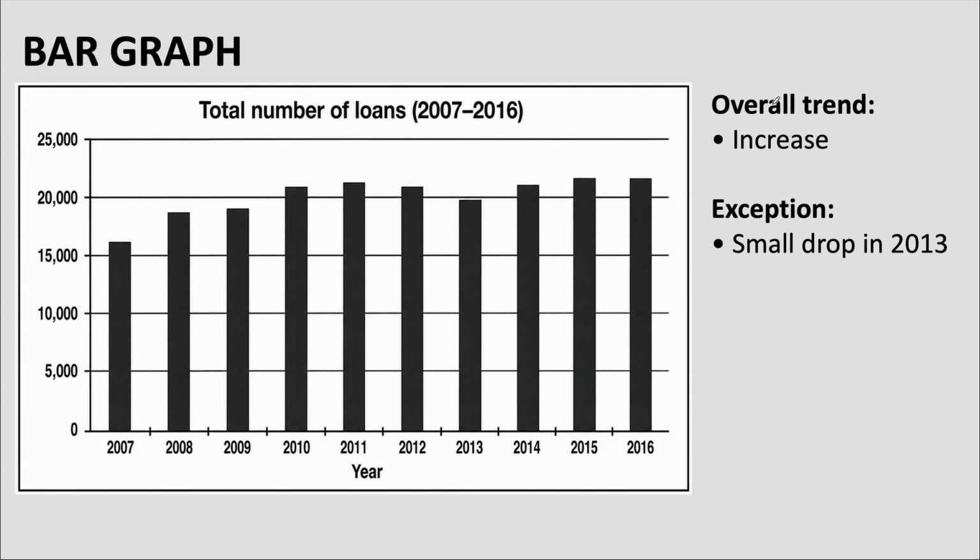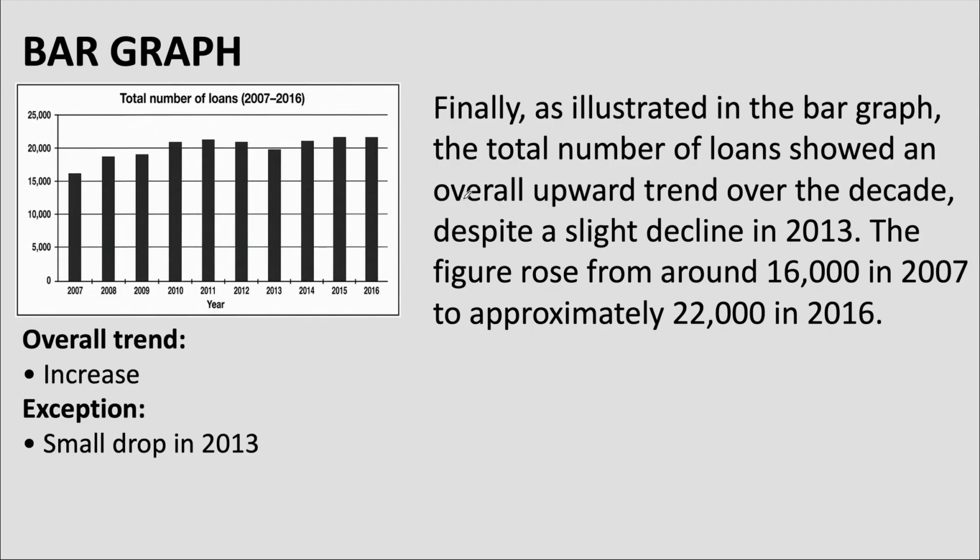The first main feature is that the total number of loans generally increased over the period. We also need to mention one small exception between 2012 and 2013. In the overview, we had written this as generally increased.